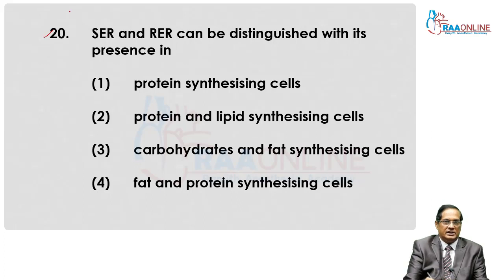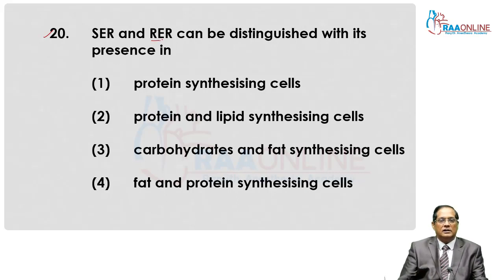20th question. SER, RER. SER, that is smooth, is agranular due to the absence of ribosomes. Then RER is rough or granular, with ribosomes. SER and RER can be distinguished by their presence in. And number 4 is correct, that is SER is present in those cells involved in fat or lipid-like substance synthesis, whereas RER is present in protein synthesizing cells.